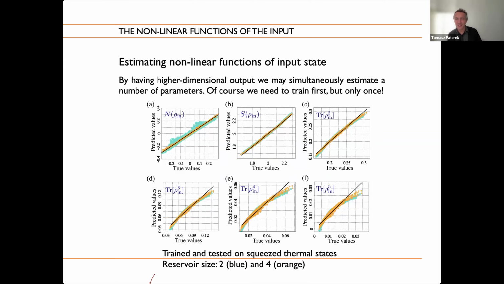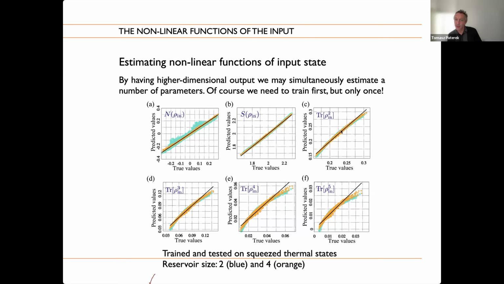And then we played around and checked with some more complicated functions. Essentially the way these plots work is that the true value is plotted on the x-axis and the predicted values are on the y-axis. So what you would like to see is that the data is just on the black line, but in practice, as you see, there are a bit of errors.